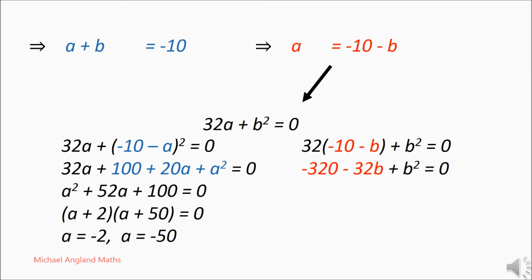So multiplying through, we have minus 320 minus 32B plus B squared equals 0. So now we get B squared minus 32B minus 320 is equal to 0.